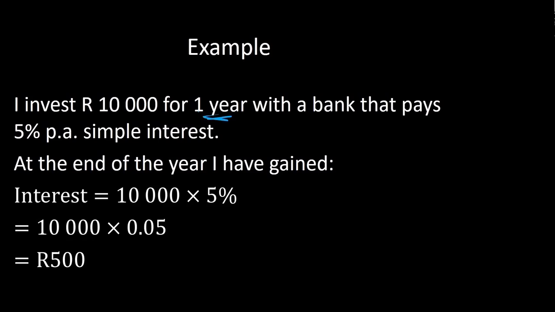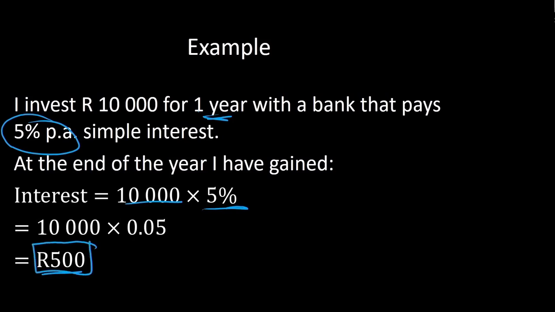Okay, so I can work out, without using any formula, how much I am going to gain. They say here I'm getting 5% in that year. So if I take the 10,000 Rand, multiply it by 5%, that gives me 500 Rand. So in that 1 year, I have earned 500 Rand.